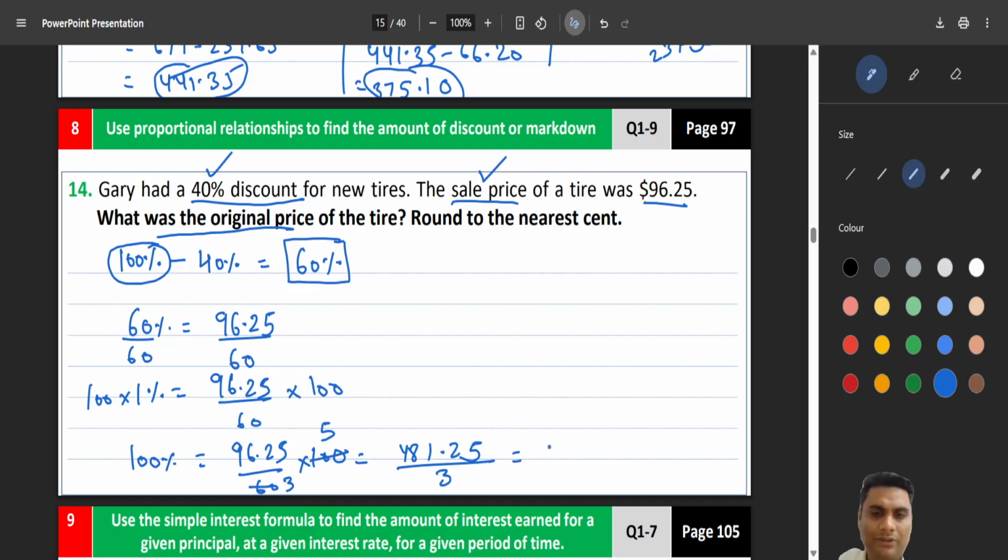This will become how much? 3 times 1, 3, and 1 at 3 times 6, 60, 3 times 4, 160.41. Calculation you can do by yourself, right?